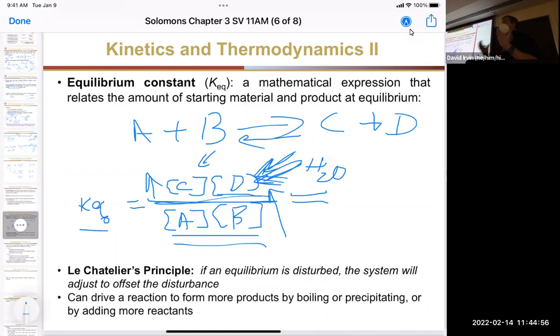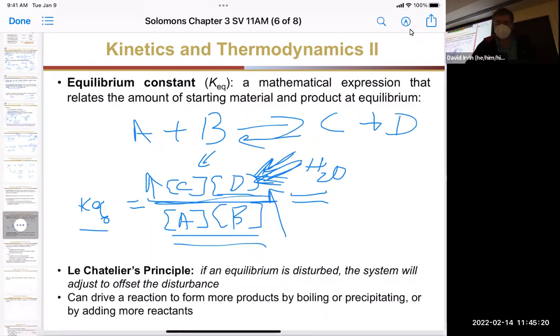So it's perturbing your equilibrium by removing one of the components that's not letting you go forward. You can also do it by boiling stuff off, or if it precipitates out of solution. It's no longer participating in the equilibrium, so it can be driven to products better.